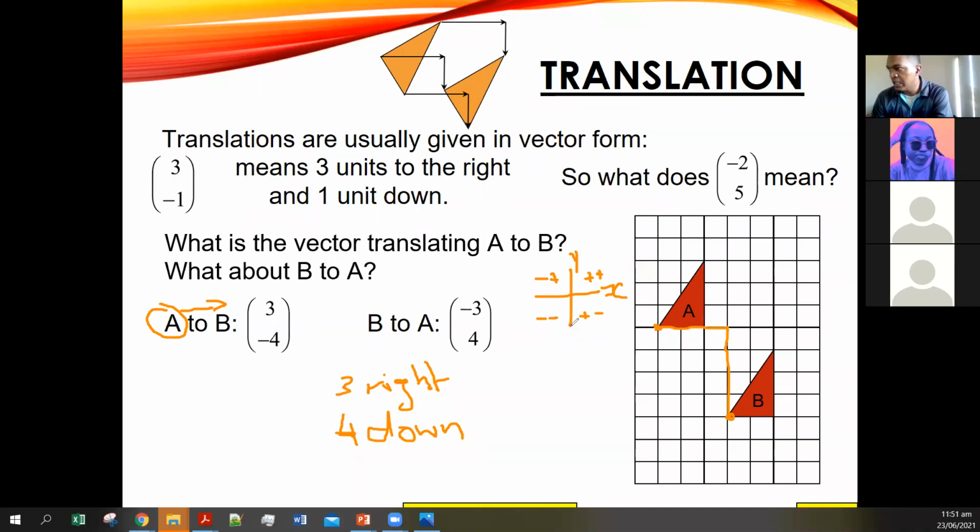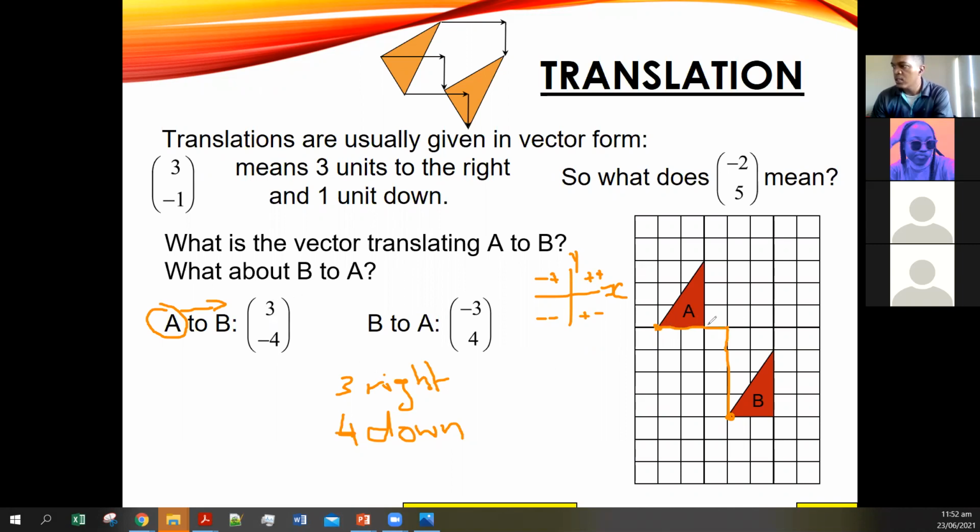So if you are going down, your y values are all negative. If you are going to the right, your x values are all positive. If you are going to the left, your x values are all negative, and if you are going up, your y values are all positive. So you have to know your Cartesian plane also. If you are moving up, positive. If you are moving down, negative, okay? And that is how we represent it now.